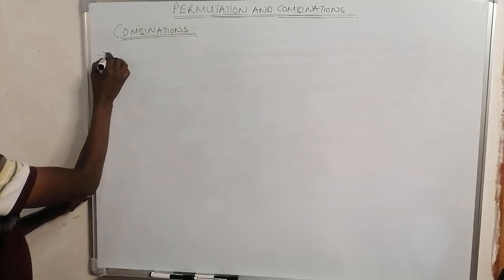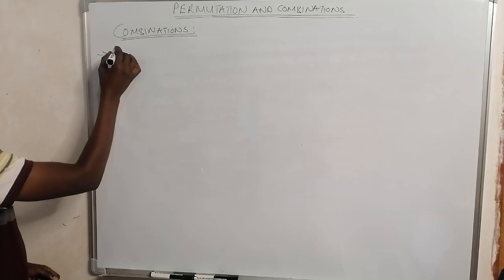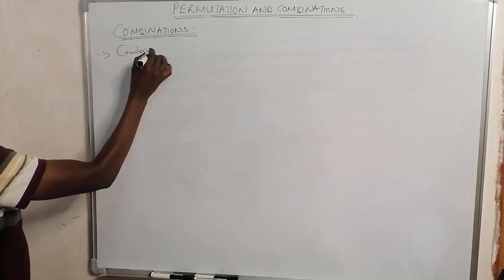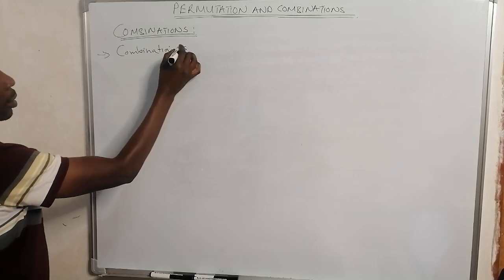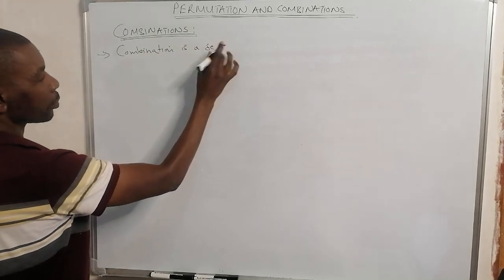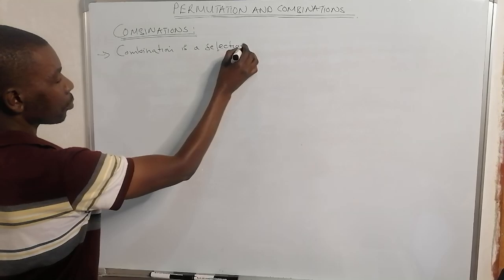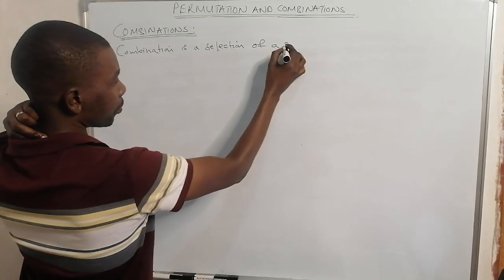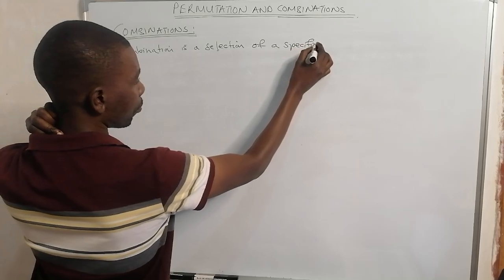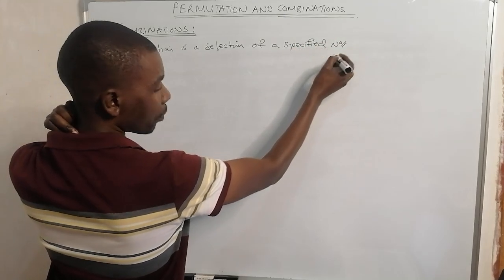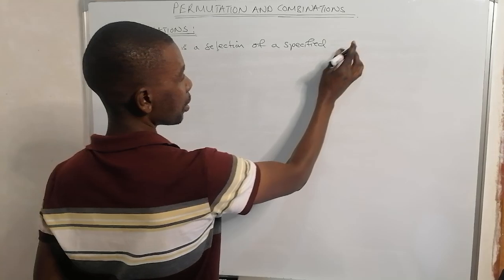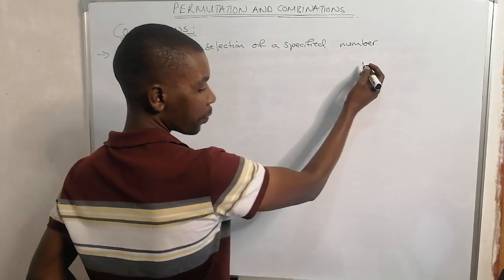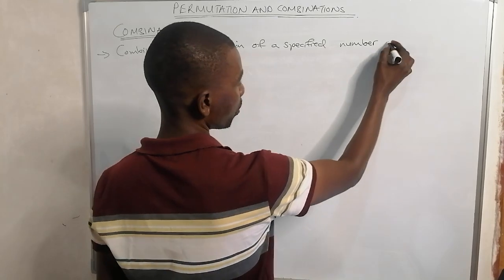Combination is a selection of a specified number of things from a large group.